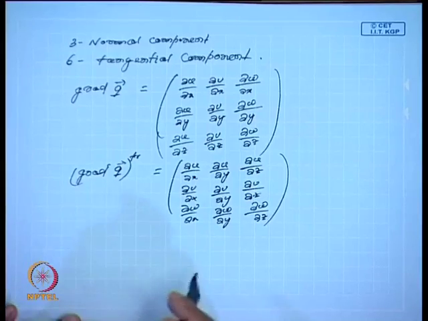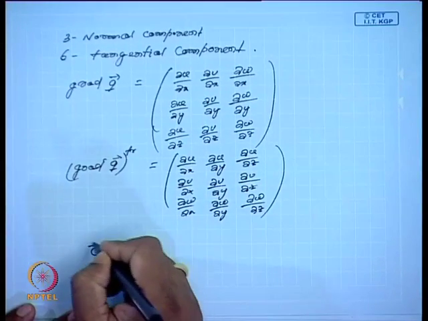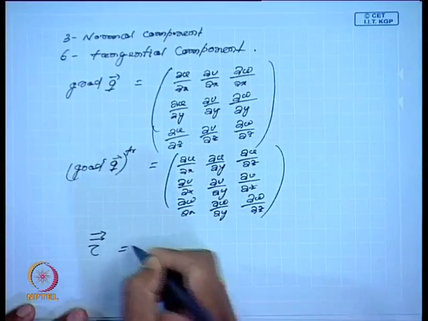So, what will happen to my stress tensor tau double bar?